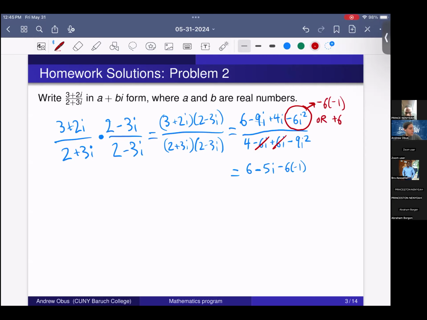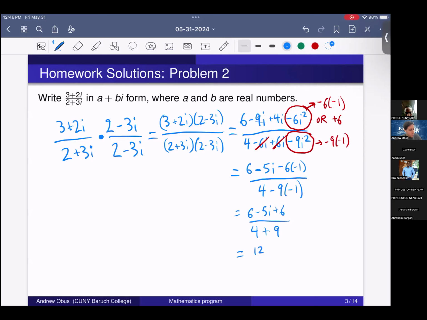In the denominator we have the same thing: minus 9 times minus 1. So this is just 6 minus 5i plus 6, divided by 4 plus 9.